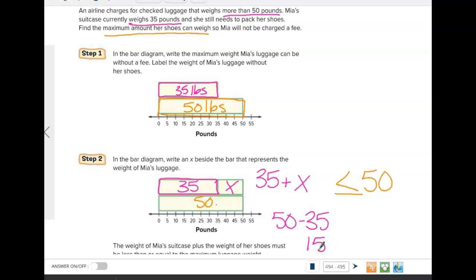So she could pack 15 more pounds, or she could pack less than that. She could pack 14 pounds, she could pack 13 pounds, anything smaller than that. She just couldn't pack 16 pounds, otherwise she's going to be charged.